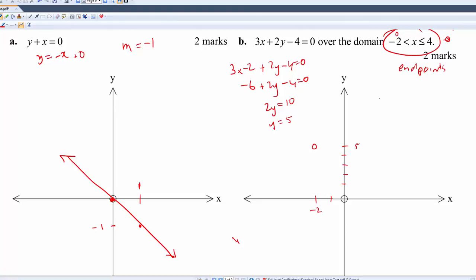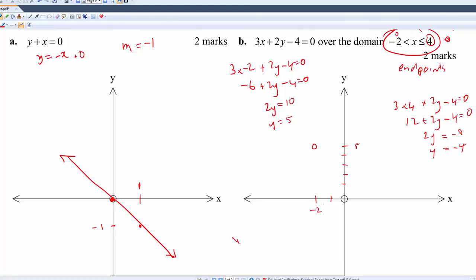Now let's sub in this part of the endpoint. So when x is 4, we've got 3 times 4 plus 2y take 4 equals 0. 12 plus 2y take 4 equals 0. 12 take away 4 is 8. That's going to be 2y equals negative 8, y equals negative 4.